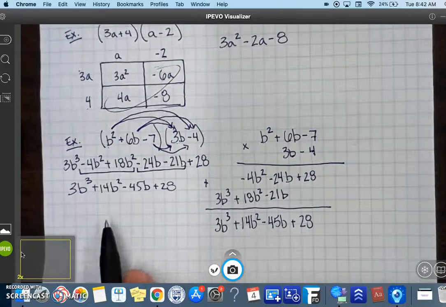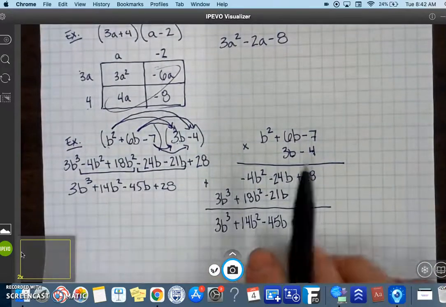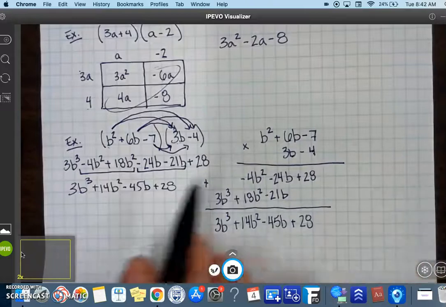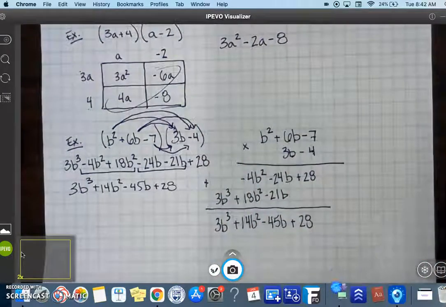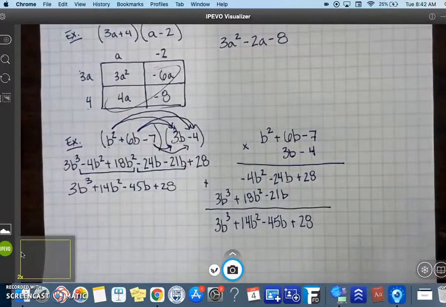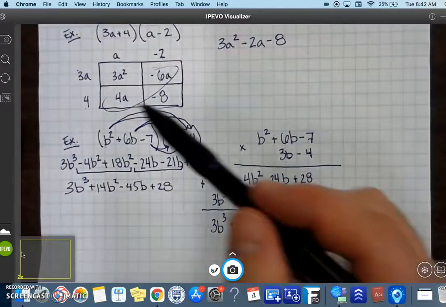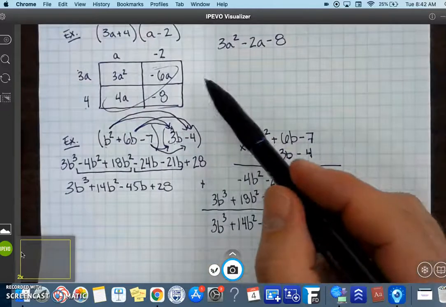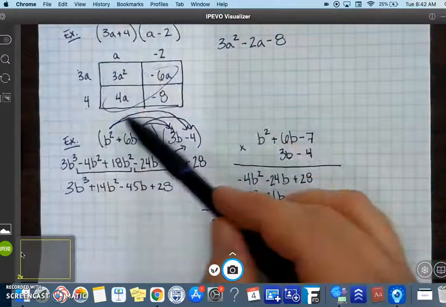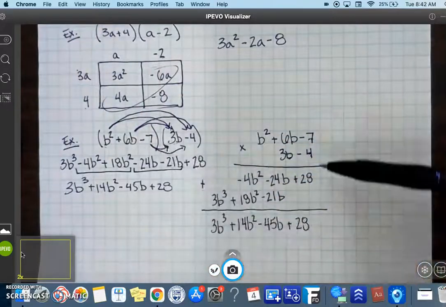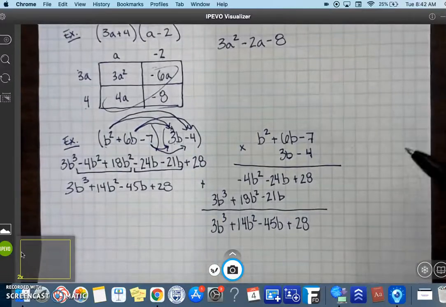So you see, I get the same answer either way I did this. It's just two slightly different ways of going about it. Again, with any of these, it's whatever makes the most sense for you. You can set up a box each time if that helps you. You can just make sure to distribute correctly, or you can set it up vertically to multiply. Any of those methods is fine. Alright.